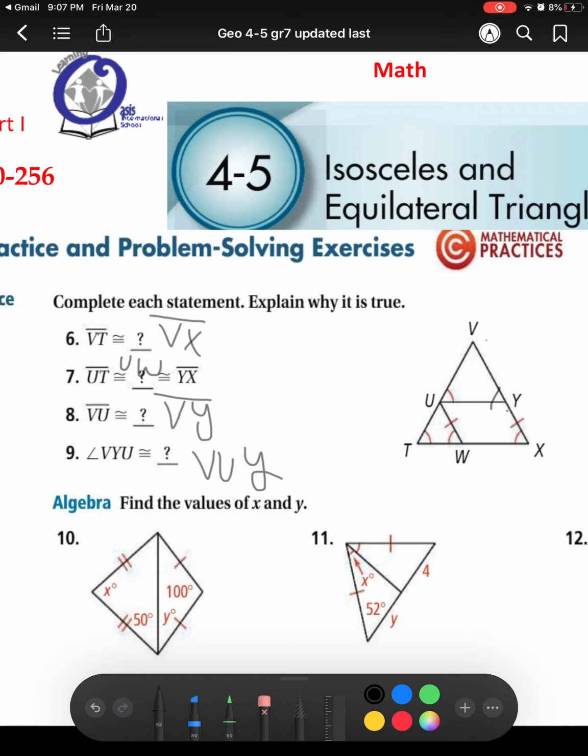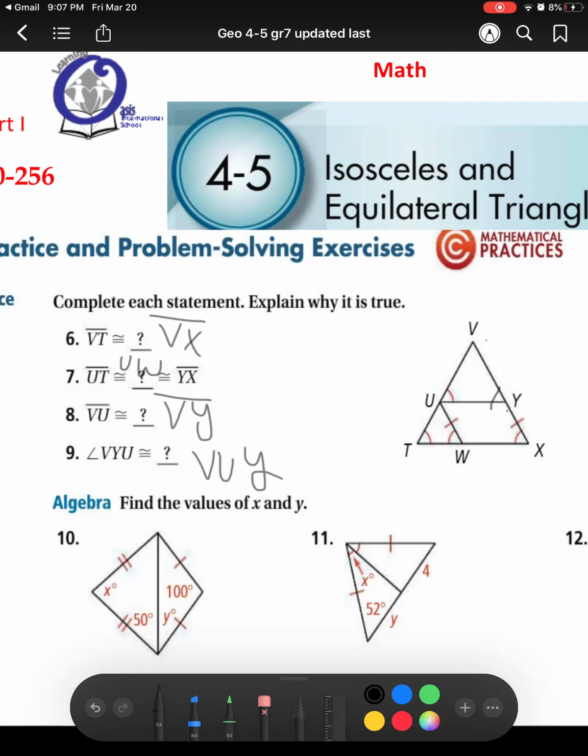Since VU is congruent to VY, it's an isosceles triangle, so the base angles are congruent. And when I say this, I'm talking about this triangle. We said that the two legs here, this is congruent to this, so the base angles are congruent.